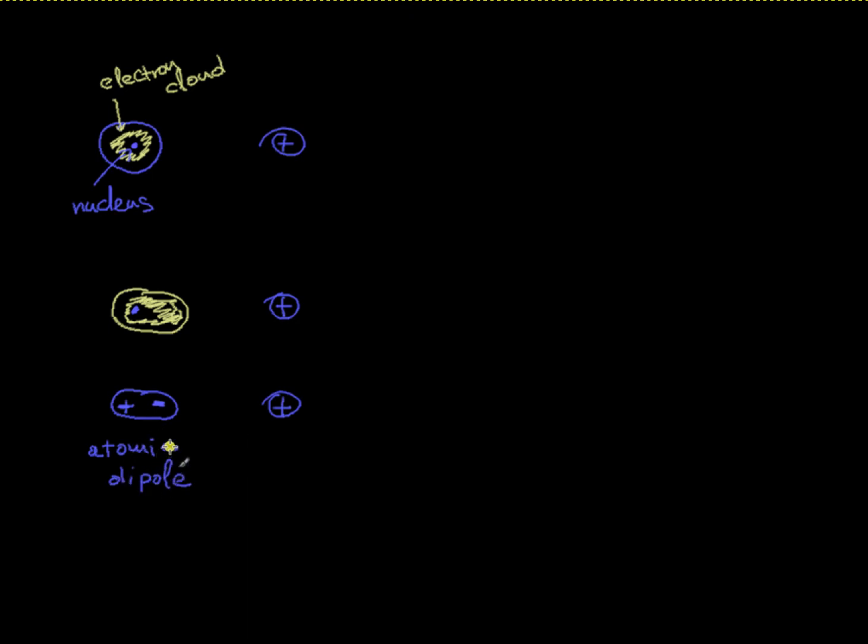Now, this is what happens at a single atomic level. When you bring this positive charge near a macroscopic object, for example, a block made from some insulating material, so this will be my insulating block.